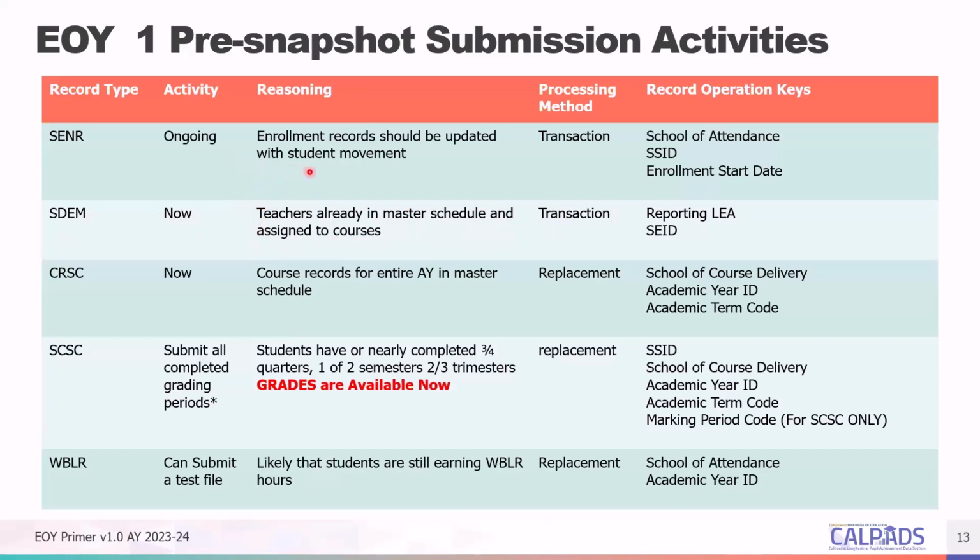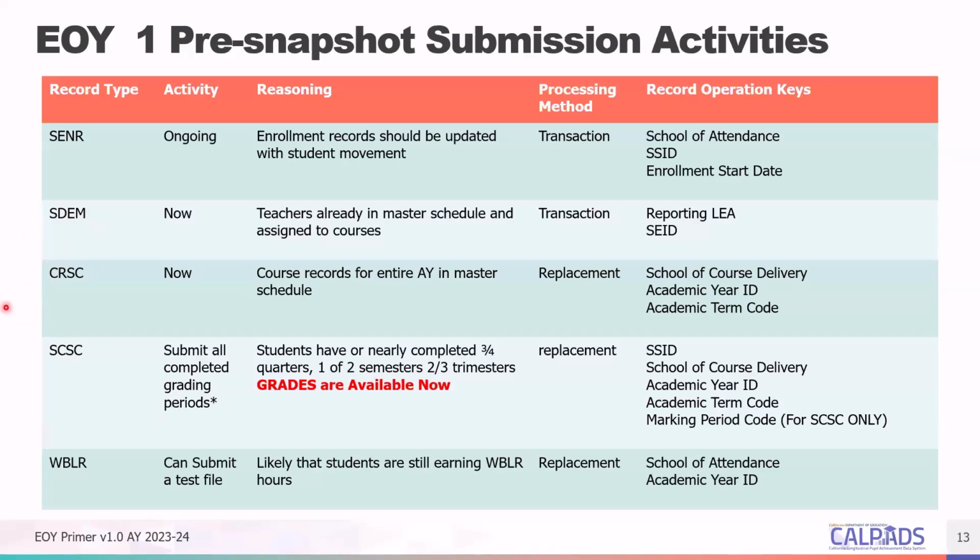You can submit SENR records for student movement, so for transfers, exits, completers, as soon as that information is available. You can submit course records for the entire academic year that are in the master schedule now. So we do have some submission activity and data population activity in each of the EOYs that you can start completing now or complete during the window in between Fall 2 and end of Year 1.